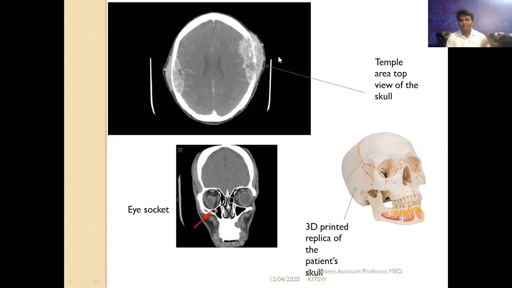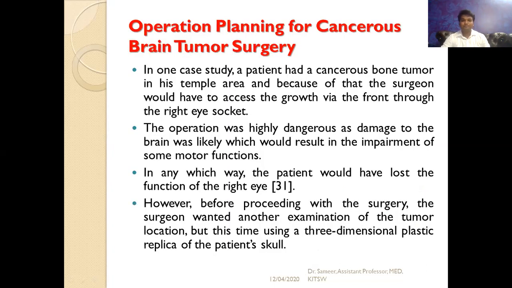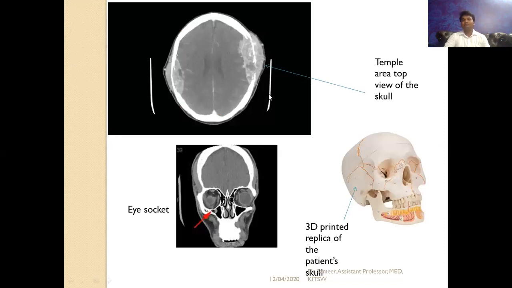We have two temples. So the patient was having a bone tumor in his temple area. That tumor was from the bone. As we can see in the slide, this is the temple and this is the temple. And here we can see an image of the tumor from the bone temple area.